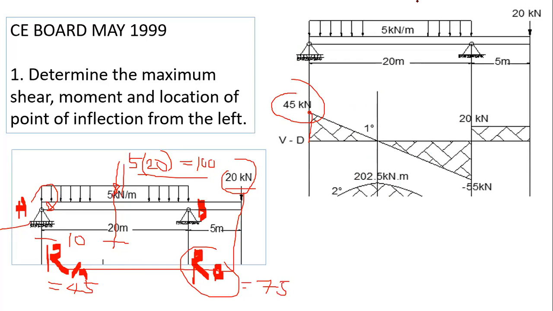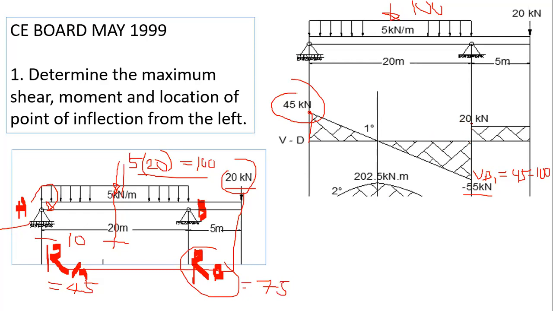Now, as we already computed earlier, this is 100 kilonewton. This is just 5 times 20. Going down is 100, so if you have 45 here, you just have to deduct. Let's say this one is VB1. What is VB1? You have 45 going up minus 100, so you have negative 55. Then with this negative 55, take note that RB here is 75, going up.